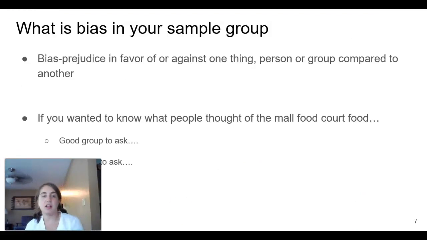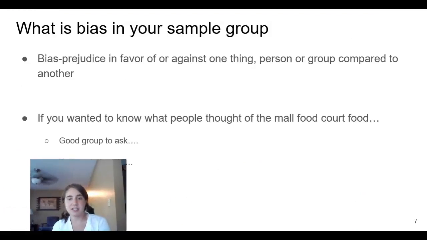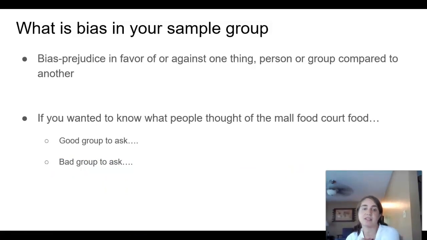Okay, the last aspect we're going to talk about is this idea of bias. Bias is a prejudice for or against a group of people. Say I wanted to know what people thought of the mall food court.